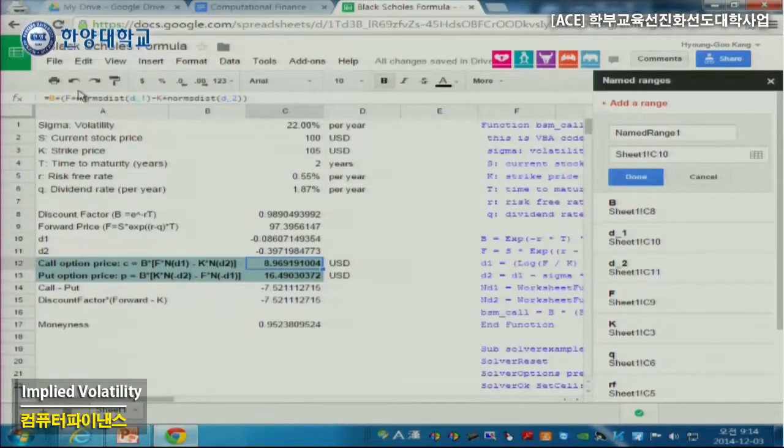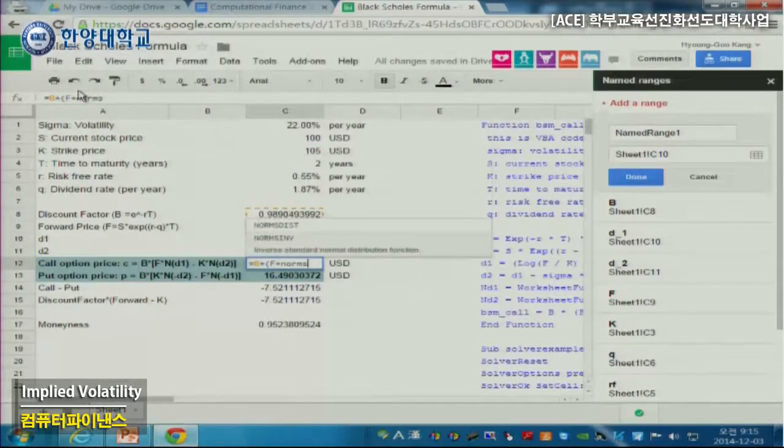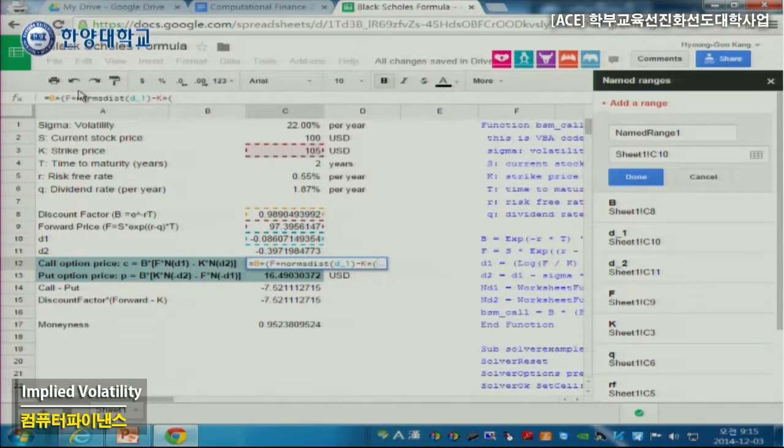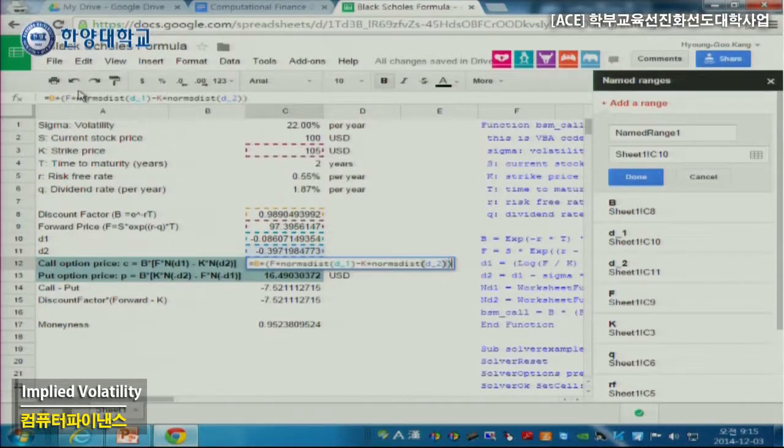And then the call option price is the discount factor B multiplied by F multiplied by the normal distribution N(d1), minus K times the normal distribution N(d2).